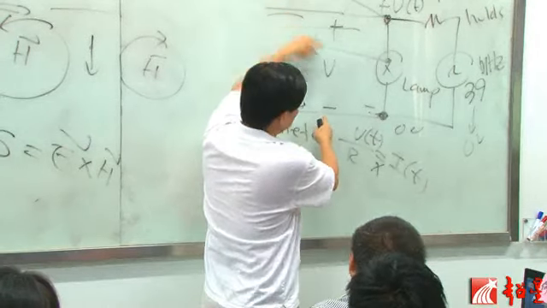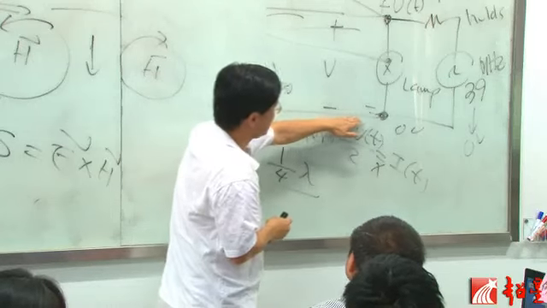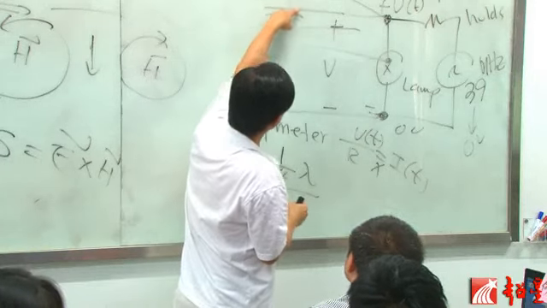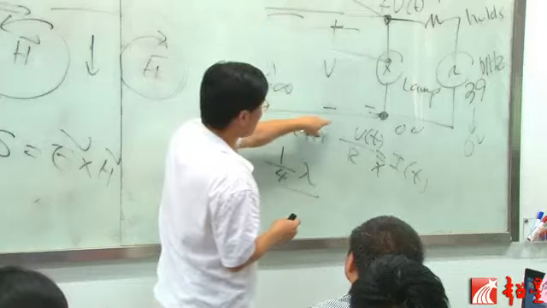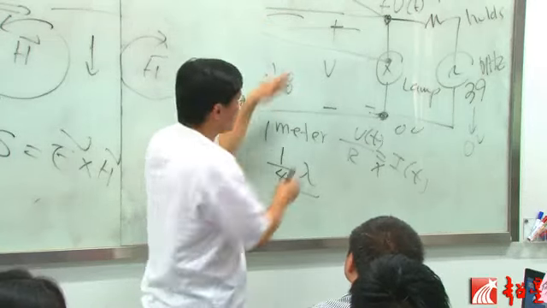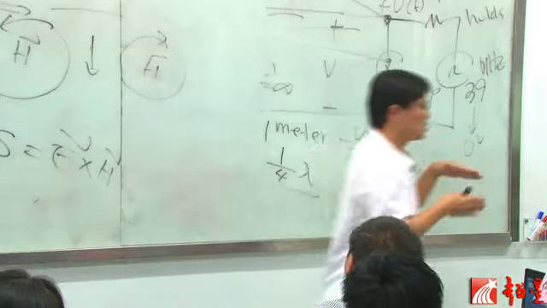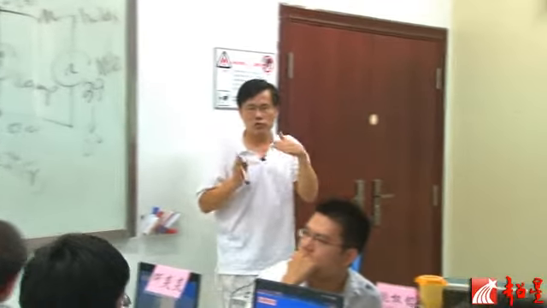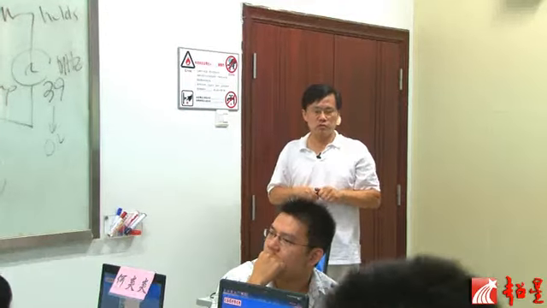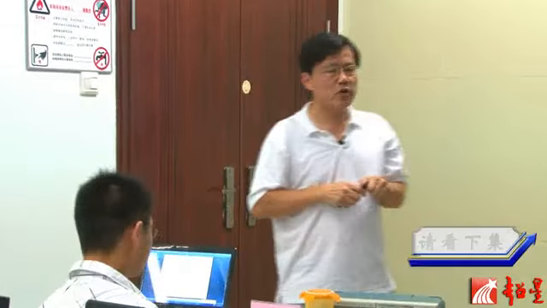As soon as you assume this is zero, this voltage can be higher or lower compared to this line. So both lines are contributing to the energy propagation. That's a lot of concepts, so let's take a break, and we'll continue from here. Okay, let's take a break.